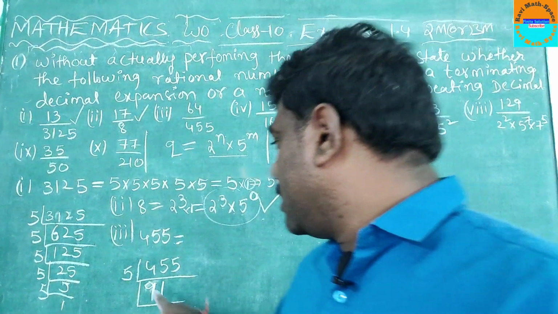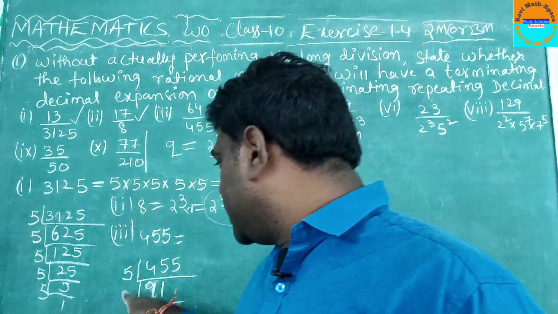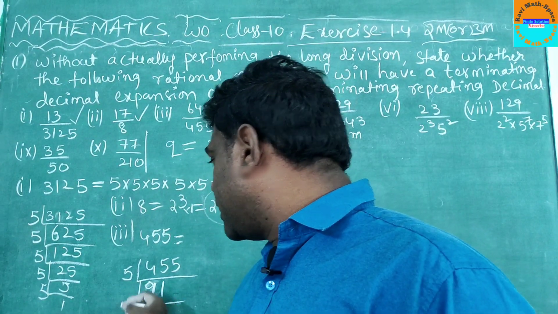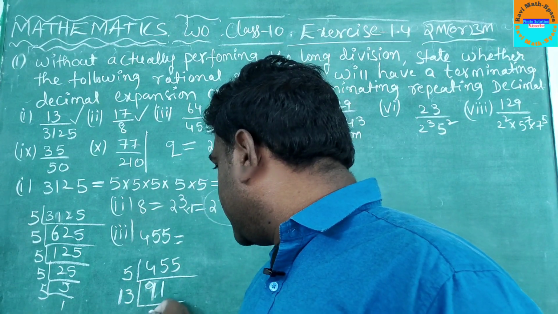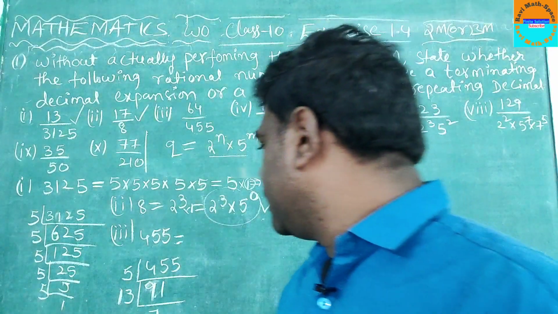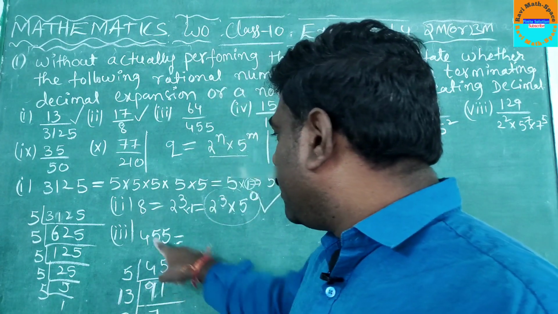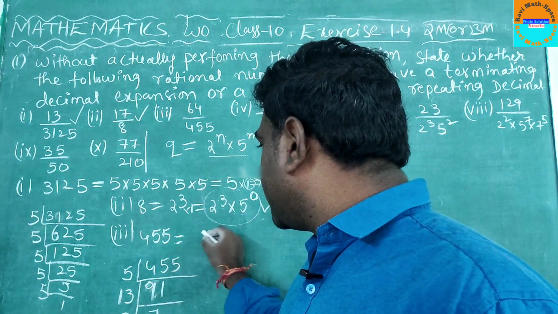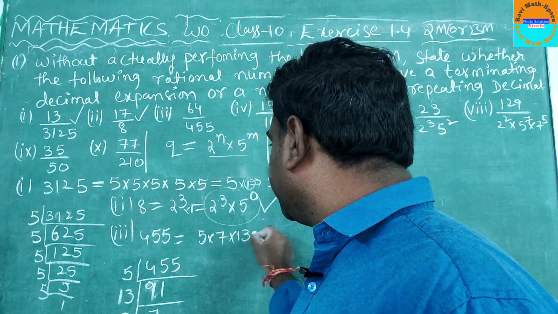Next, 91. Which number? 13 table, 13 sevens are 91. So 7 ones, 7. So what is the 455 prime factorization here? 5 into 7 into 13.